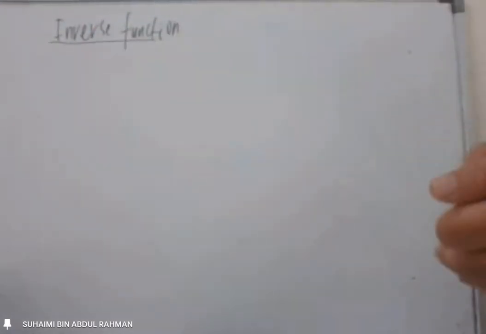Remember, the inverse function only appears when the function is one-to-one. If the function is not one-to-one, it is still a function, but that function has no inverse. So in order to find the inverse function, we have to determine first whether that function is one-to-one or not.